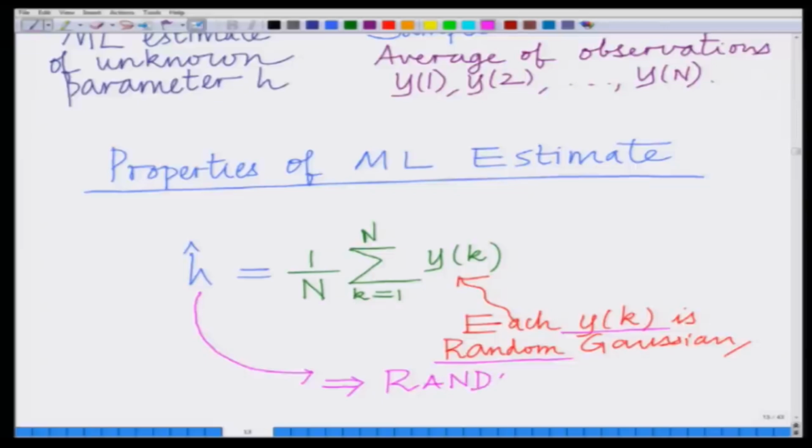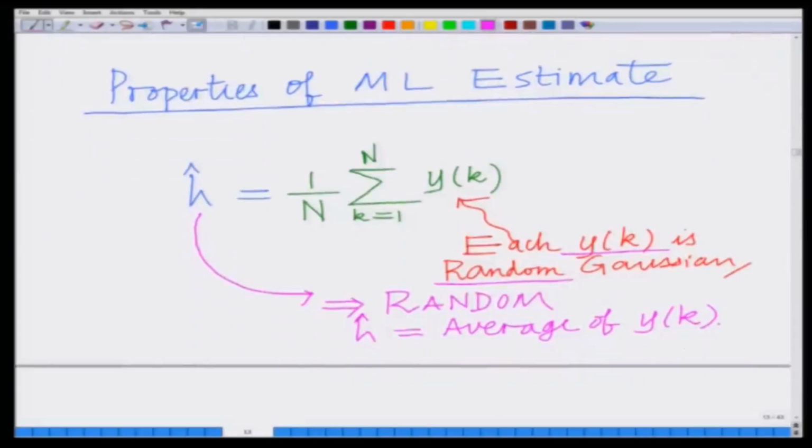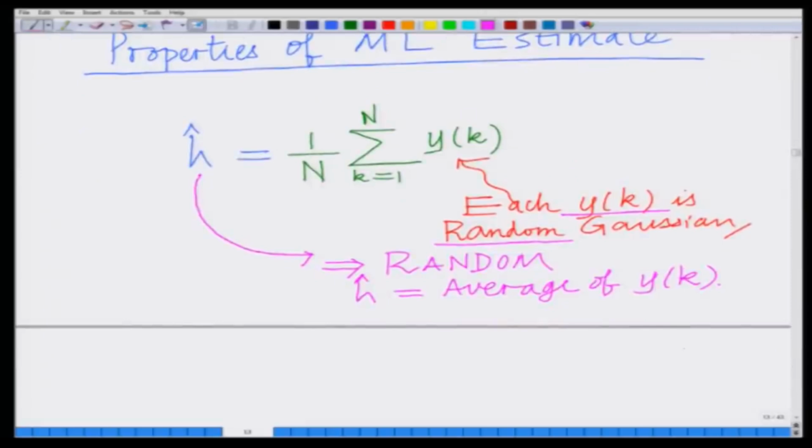H hat is the average of these different observations y k. The y k, the noisy observations, are themselves random in nature.